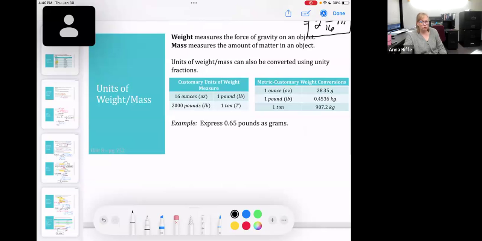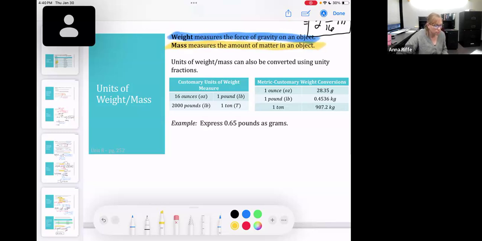Everything that we've talked about so far has been linear, a linear unit, so distance. But we can do something similar with weight. Little bit of a distinction here. I should give some definitions. Weight measures the force of gravity on an object. Mass measures the amount of matter in the object.